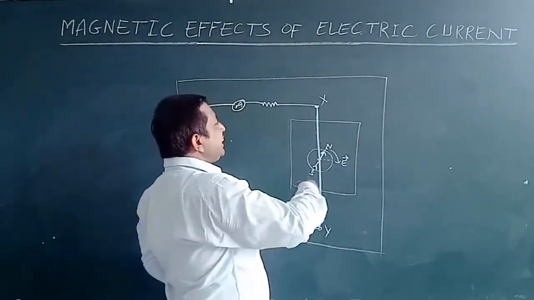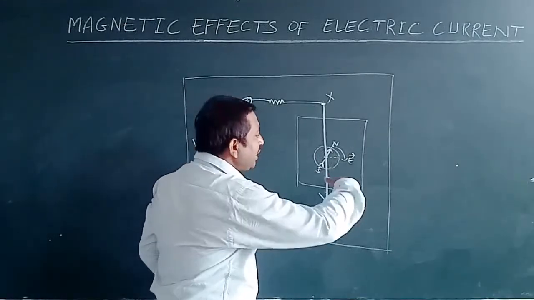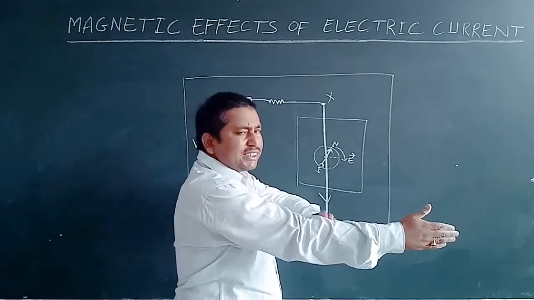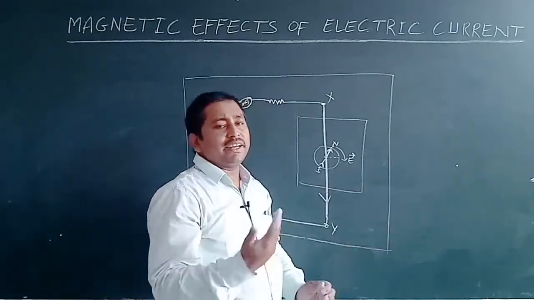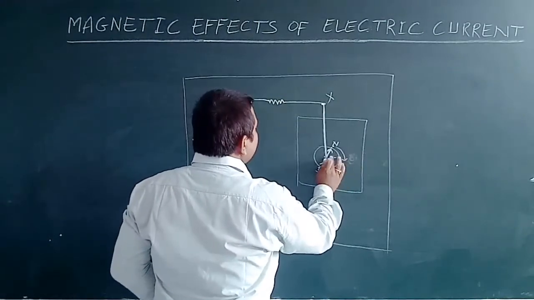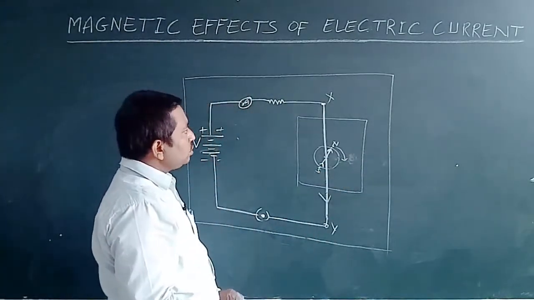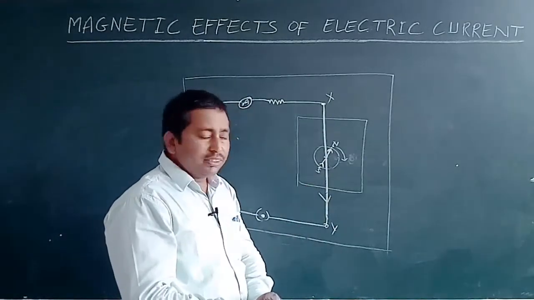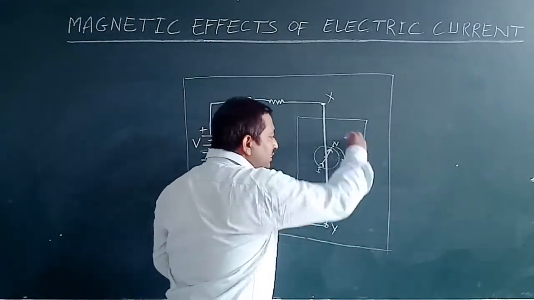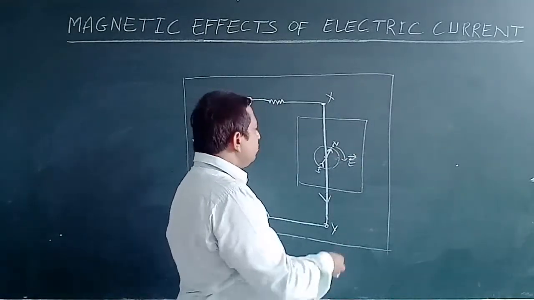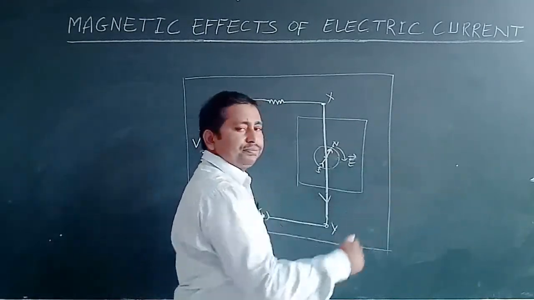If we increase the amount of current, then the alignment of the magnetic needle increases, and finally it reaches just perpendicular to the current carrying conductor. So we have found that when there is a current flowing through the conductor from x to y direction, the north pole of the magnetic needle moves towards the east direction.